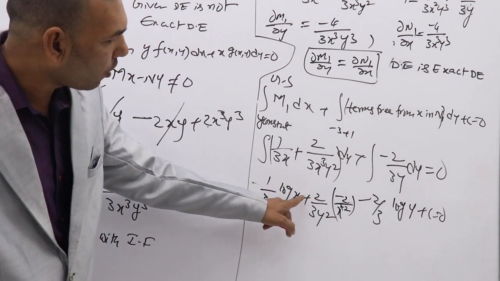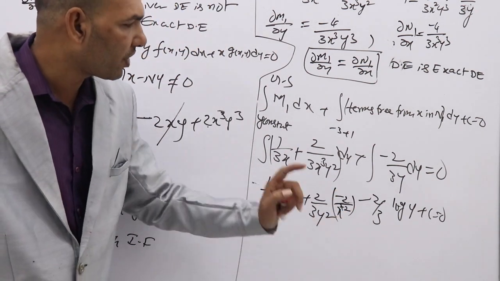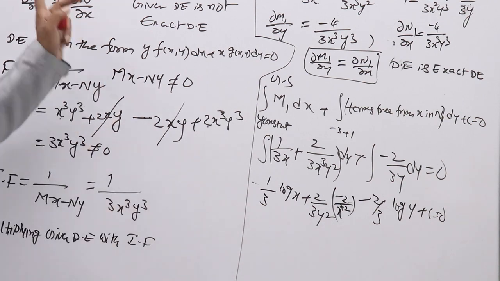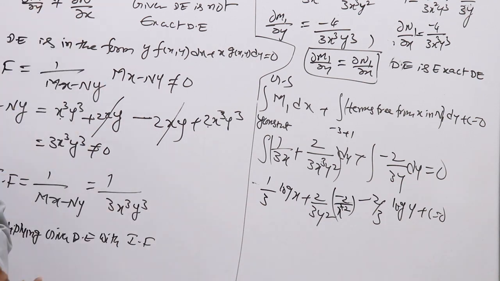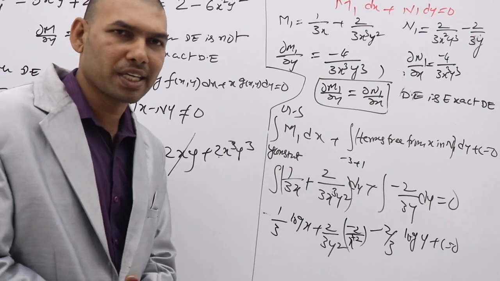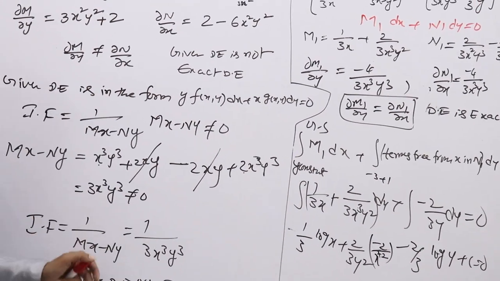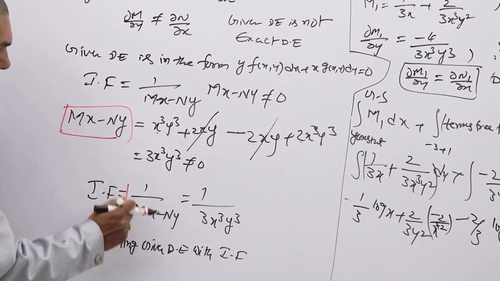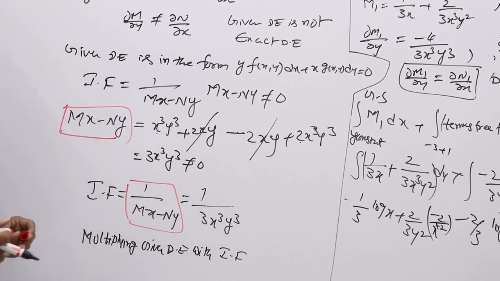So finally we will have minus 4 by 3x square y square. So this is the general solution of the given non-exact differential equation, which can be reduced to exact by multiplying with a suitable integrating factor 1 by mx minus ny.